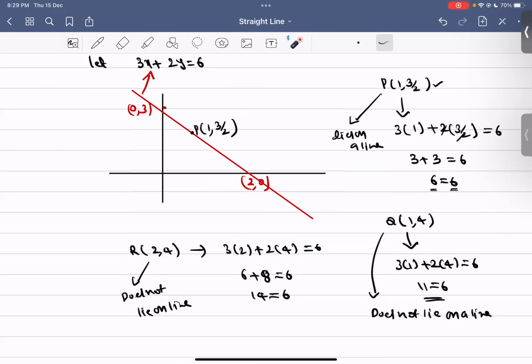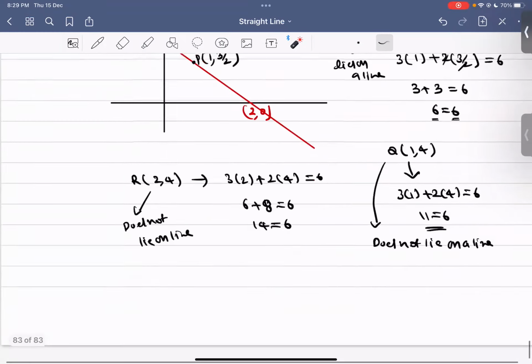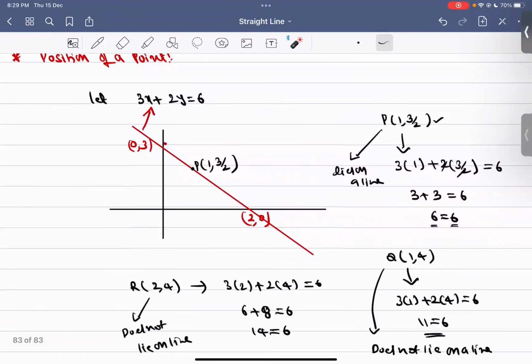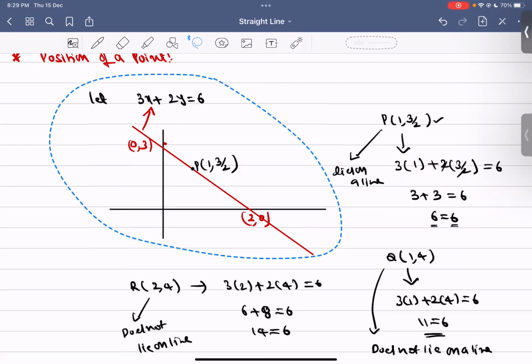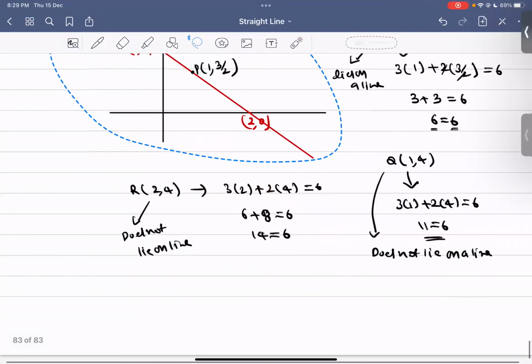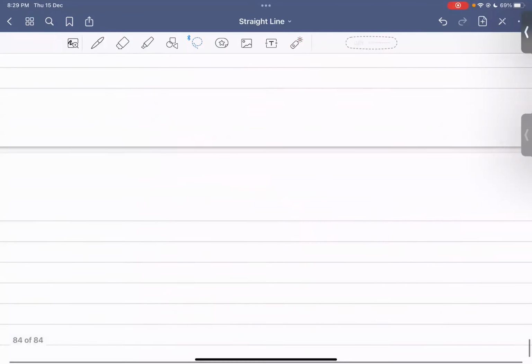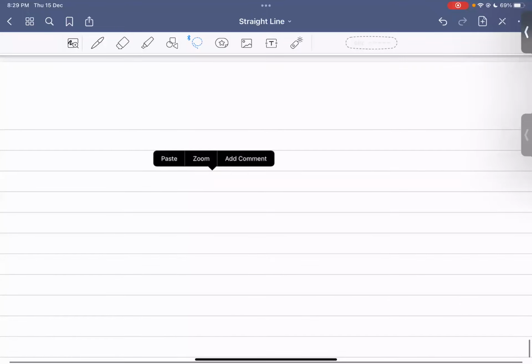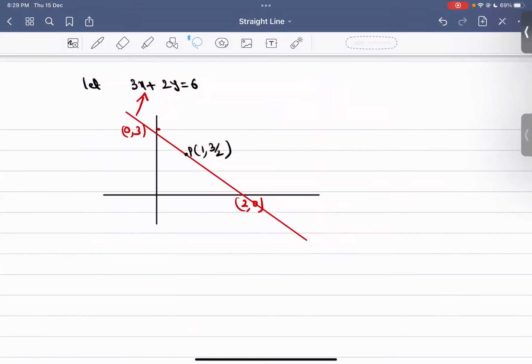Next, you take the same diagram. It does not lie on the line means it lies on either side of the line. Now, you draw a vertical line through this 2 comma 0.